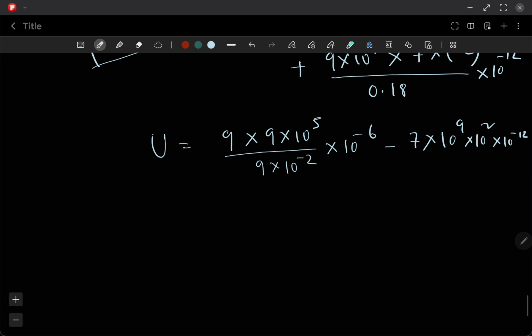So 9 and 9 are gone, and it will be 9 into 10 minus 0.7.